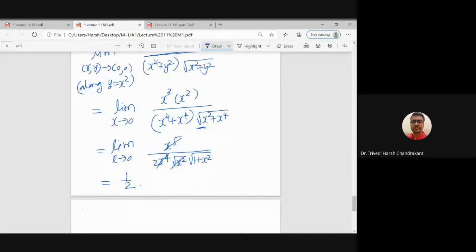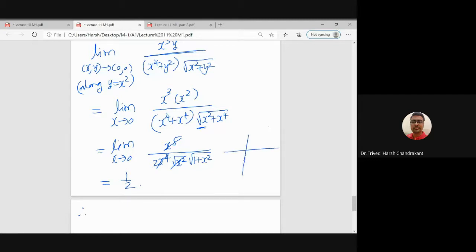So therefore what we have shown is that along the parabola, if we approach the origin, then the value of the limit is half. And if we approach along the line y equal to mx, the value of the limit is 0.